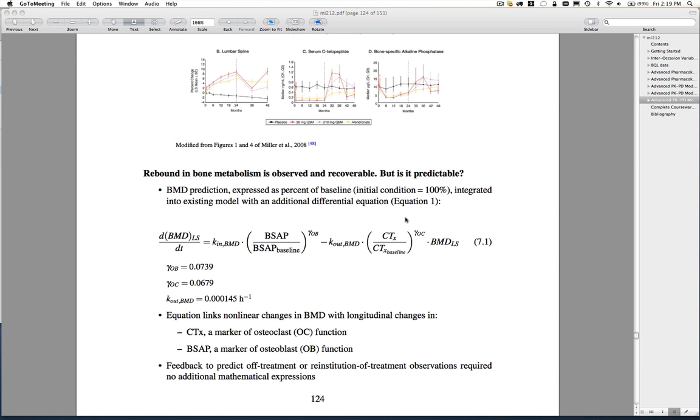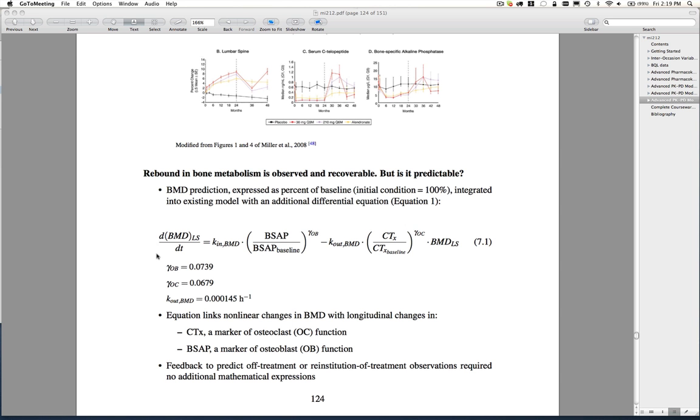Okay. And actually that ties in with the next question, so I'll read it and hopefully answer these all together. Next question is, how does equation 7.1 fit into the overall model?